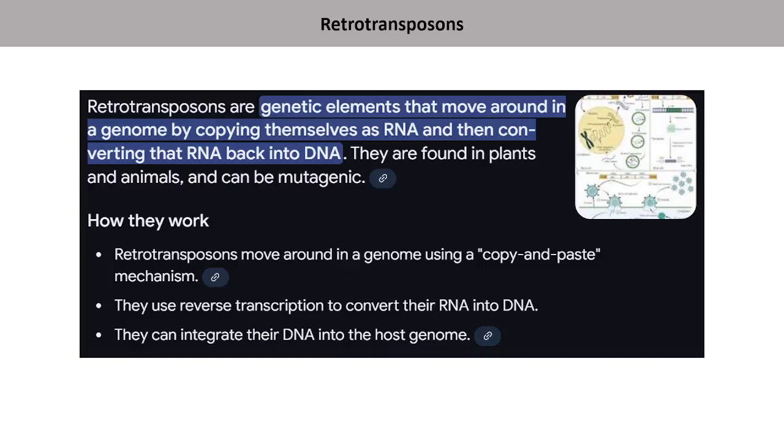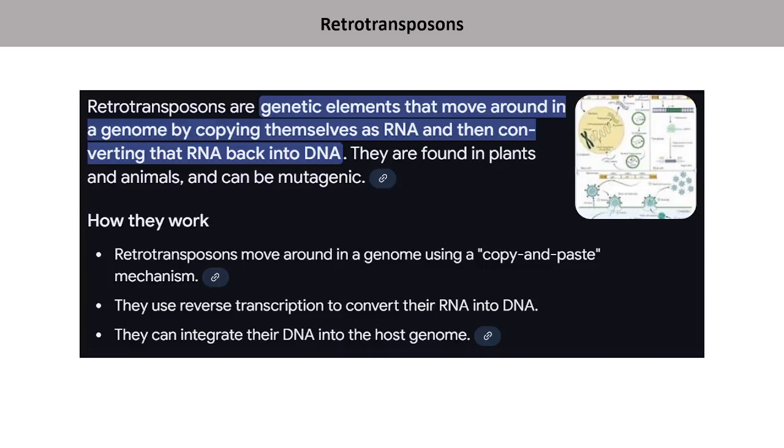Every time there is some DNA which needs to move around, this DNA will get copied in the form of RNA, and that RNA is mobile. That RNA can move around, and wherever it is destined to move, it will go there and then get converted back into DNA.